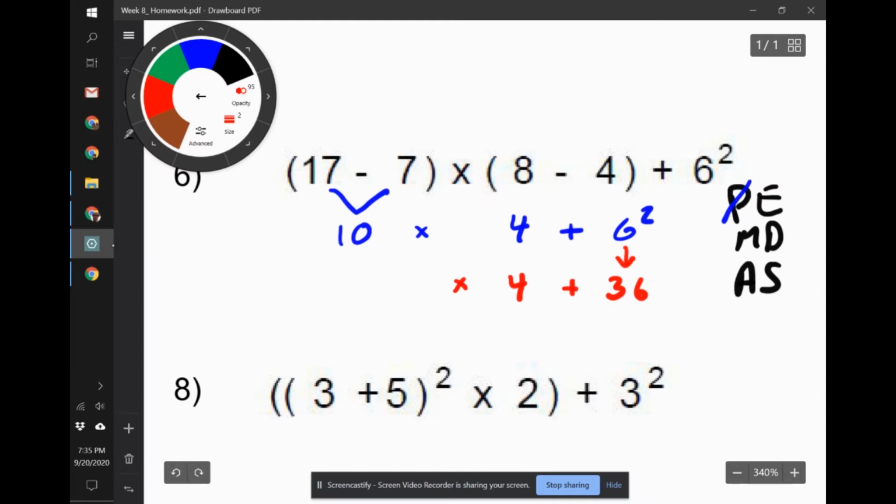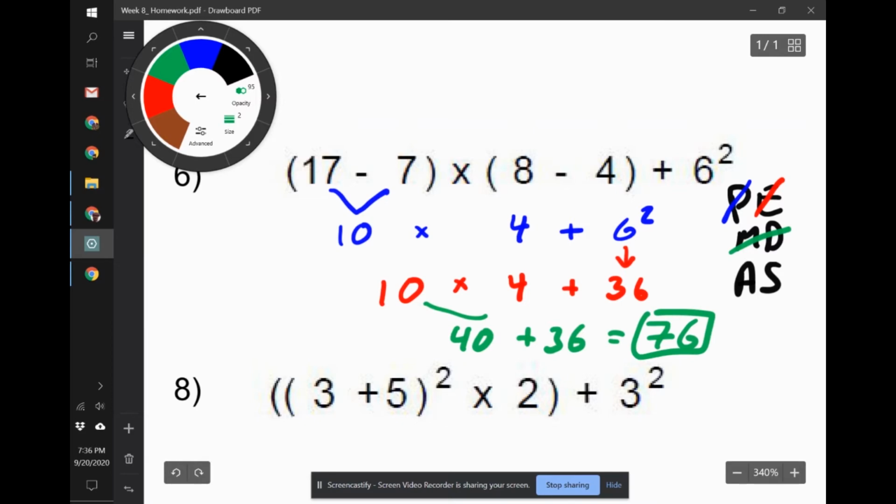Write everything down. Now it's multiplication, division. And then addition, subtraction. A simpler problem.